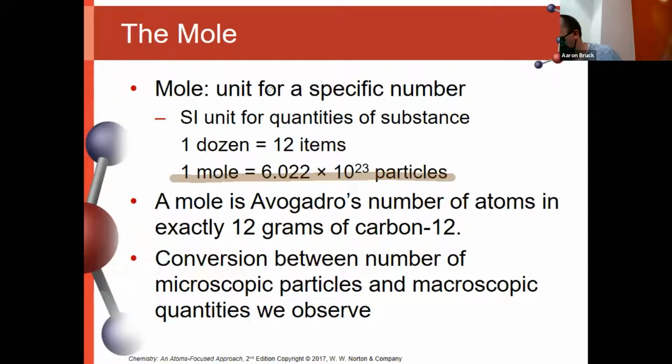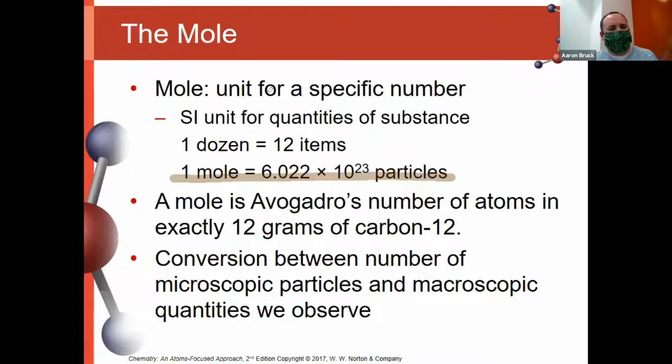So we made mention before of the concept of molar mass, or at least atomic mass on the periodic table, using the masses on the periodic table to tell us how much an atom weighs, or how much a molecule weighs, or how much a fundamental unit of a crystal, an ionic compound, weighs.